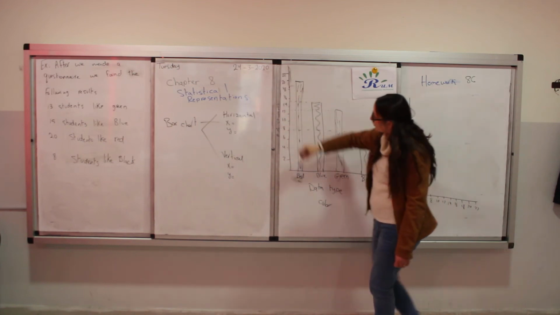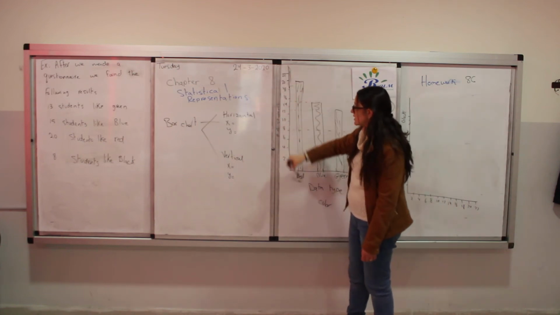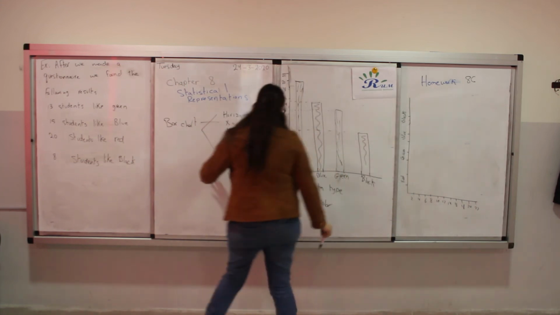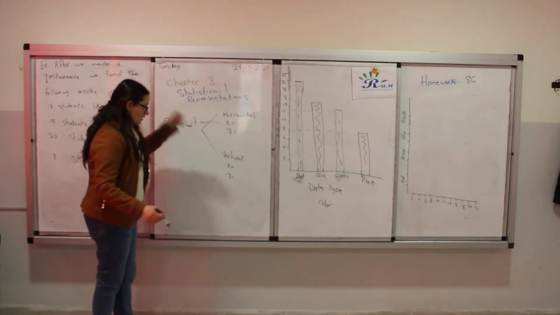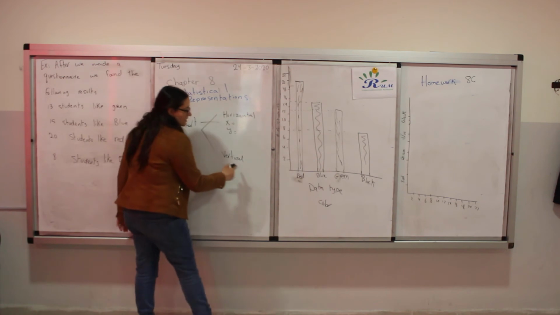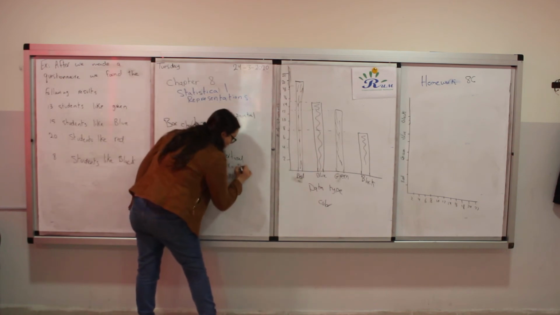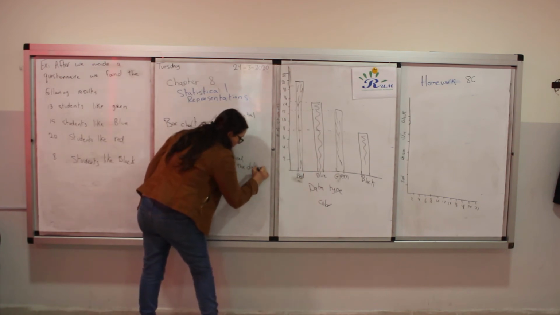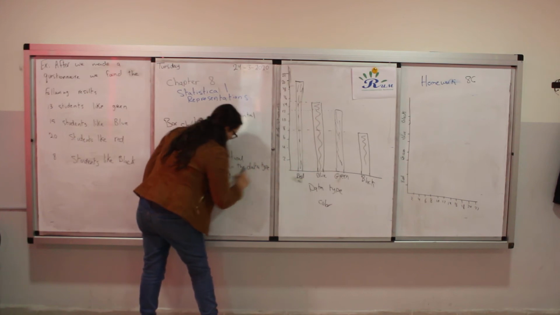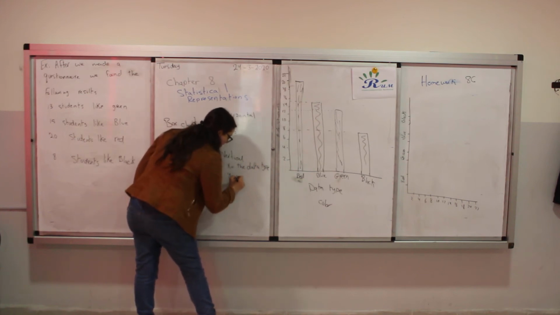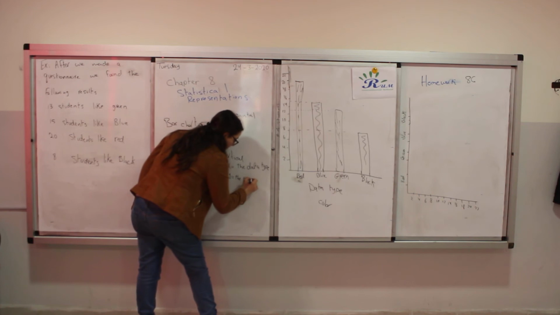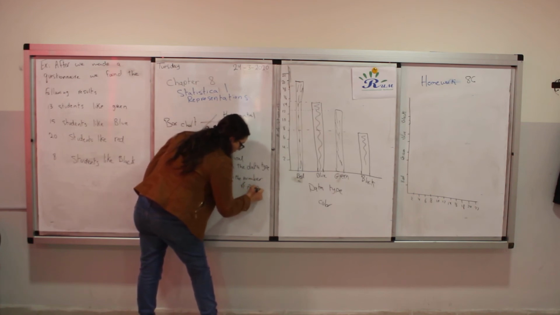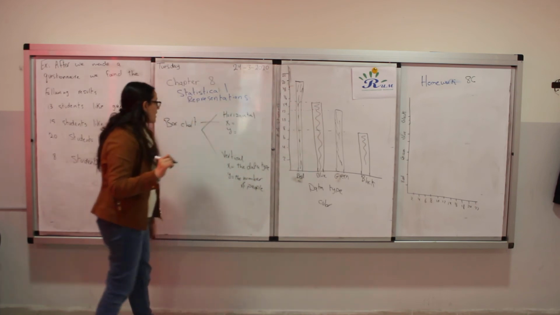So number of people, or number of students in our case. If we go back to our vertical bar chart, we can say that the x-axis represents the data type and the y-axis represents the number of people, or in our case, number of students.